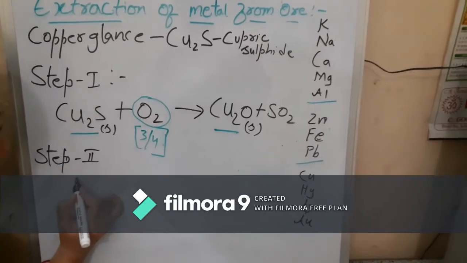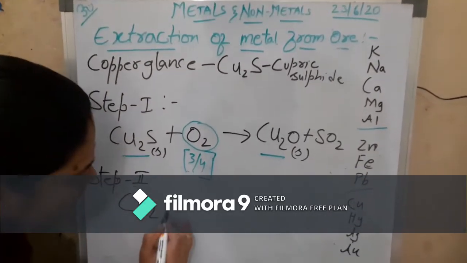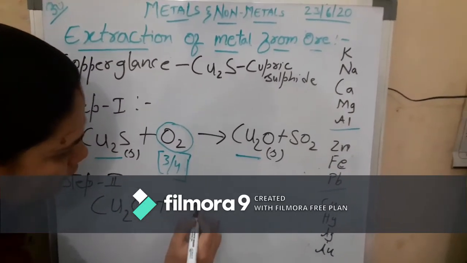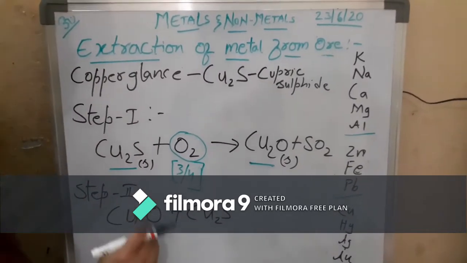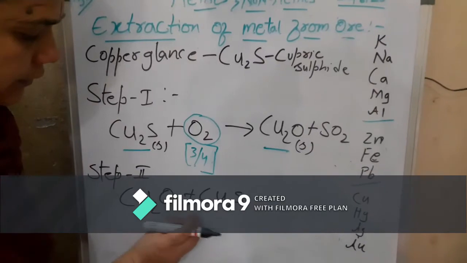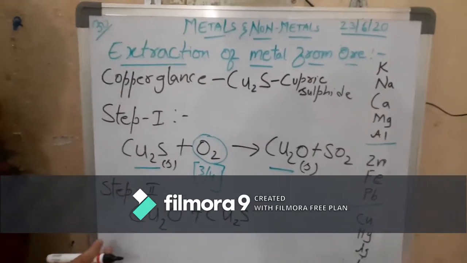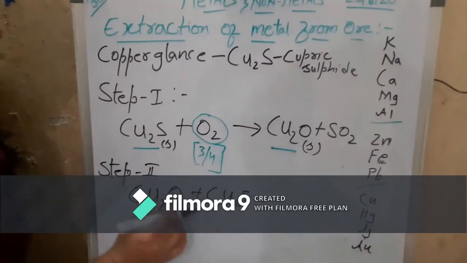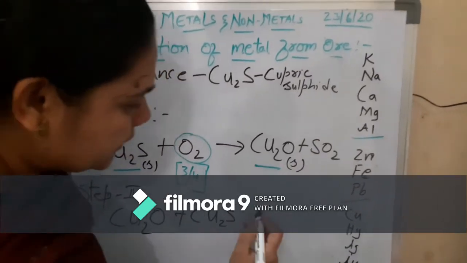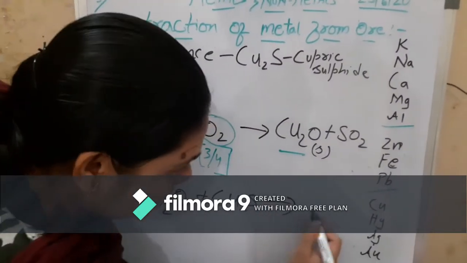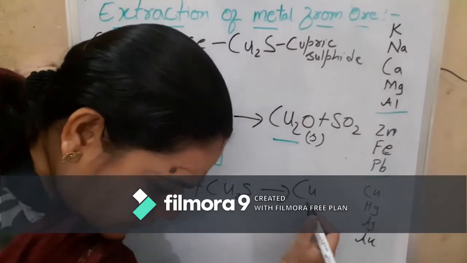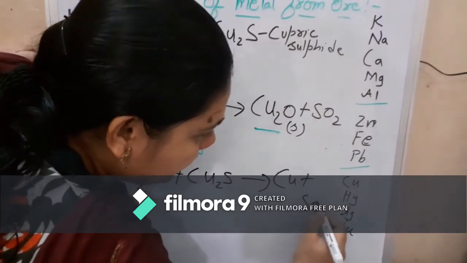So the reaction goes like this: Cu2O plus Cu2S. In the sense, we are allowing this sulfide to react with the oxygen which is available within the reaction mixture. So ultimately it results in the formation of copper and releasing sulfur dioxide.